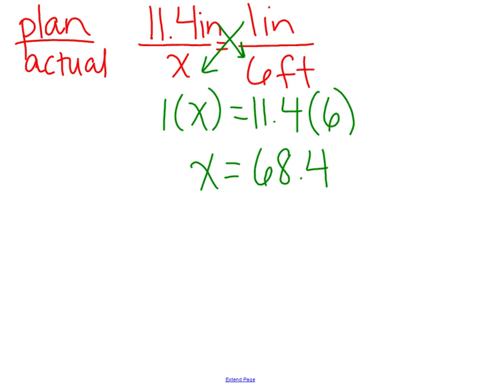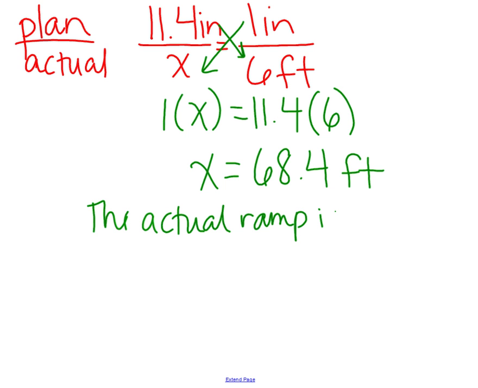Our unit is going to be in feet. So that means that the actual length of the skateboard ramp is 68.4 feet.